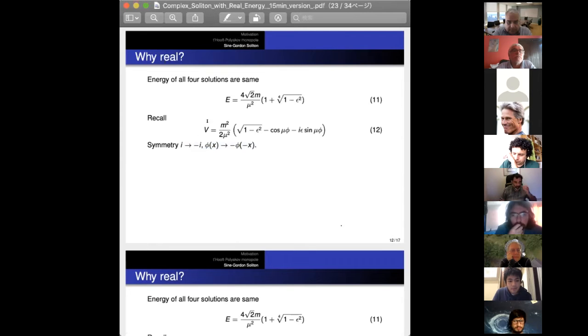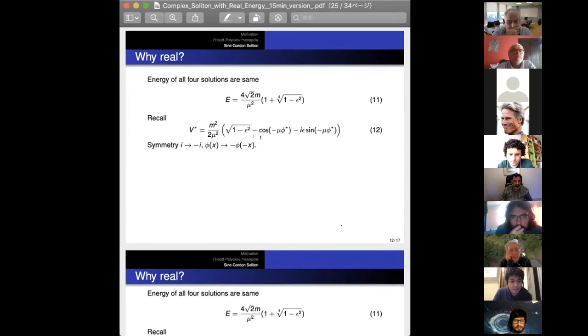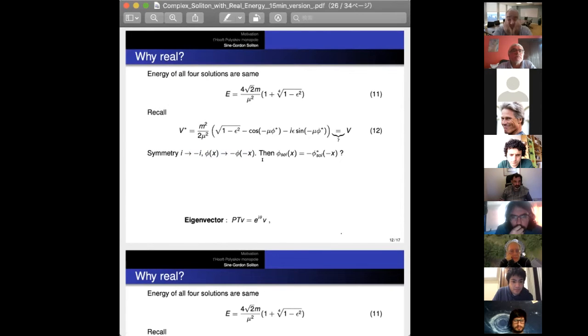Now, let me complex conjugate this potential like this. And then let me pour minus into sine and cosine like this. Now notice that if our solution satisfies this kind of relation, then this part just becomes phi.